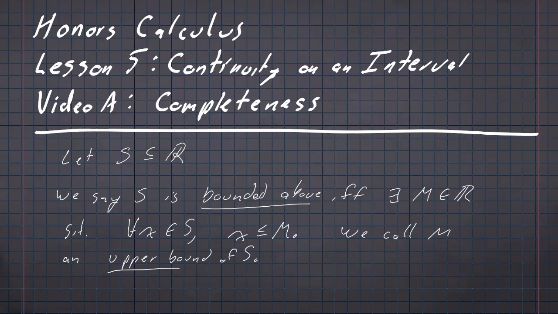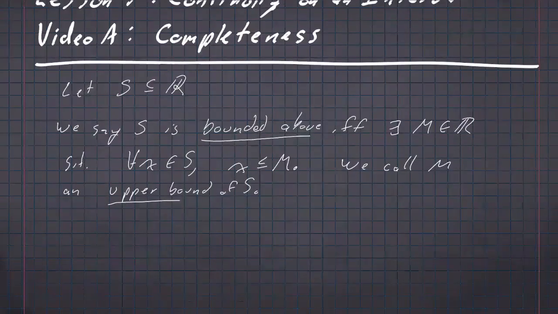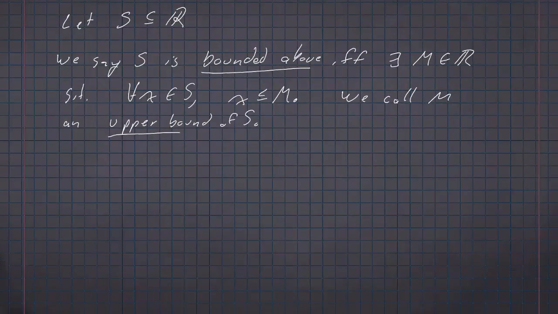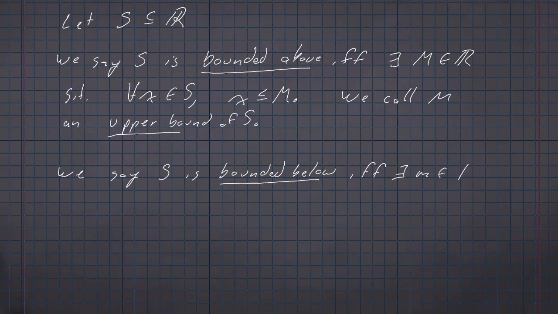So the set is bounded above if this M exists, and we call this M an upper bound of the set. We also have a lower bound and bounded below. Let's call the lower bound a lowercase m.